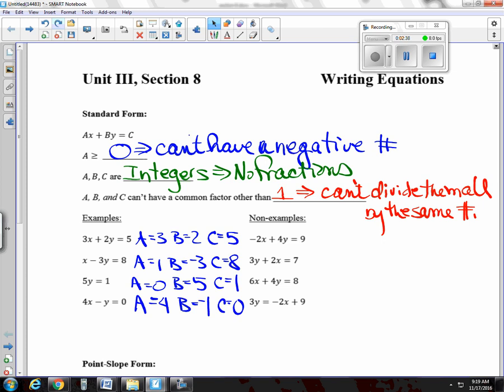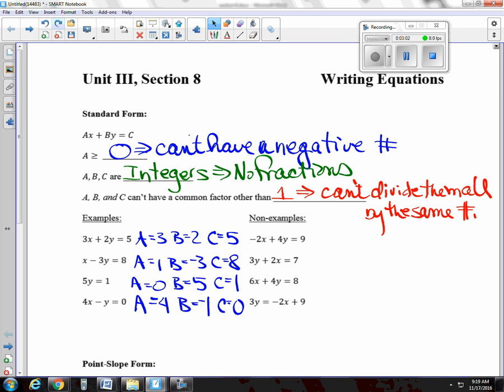All of these hold up to our rules from above, where a is greater than or equal to 0. A, b, and c are all integers. We don't have any fractions. And a, b, and c can't have a common factor other than 1.